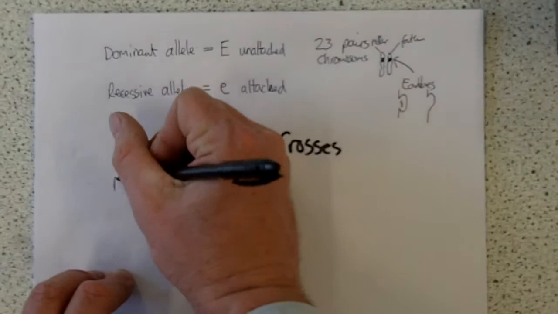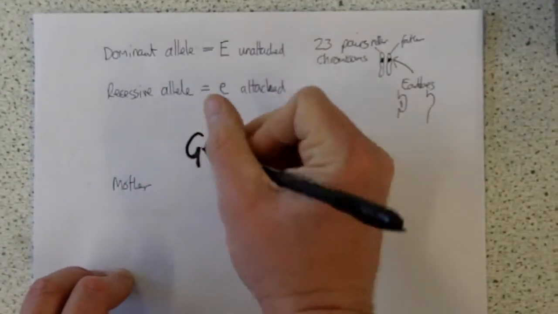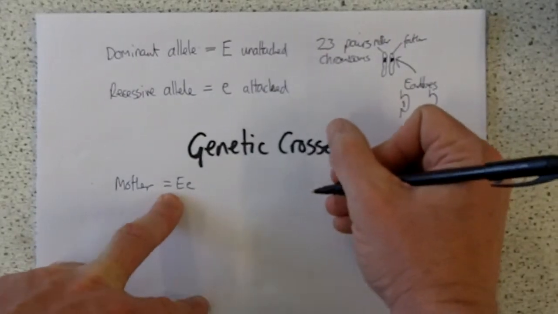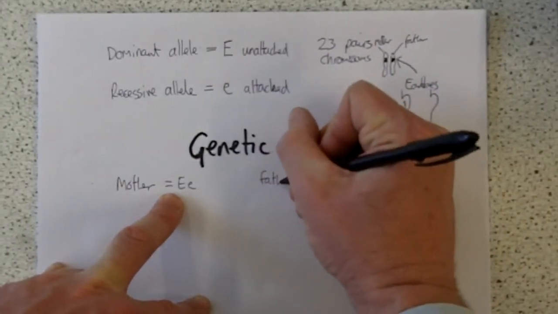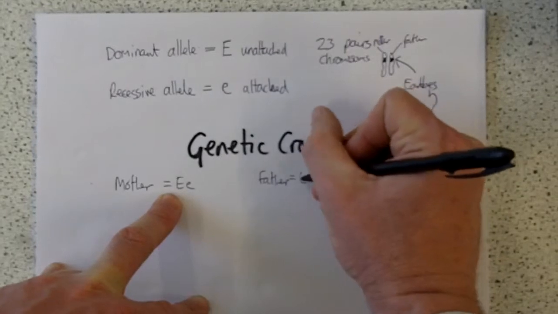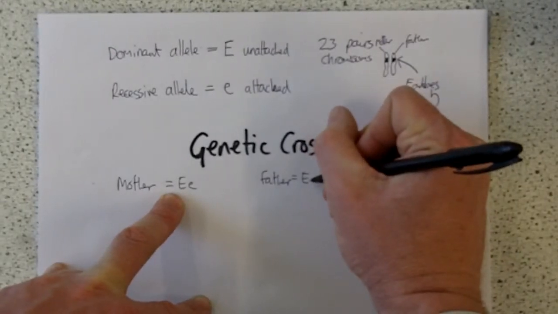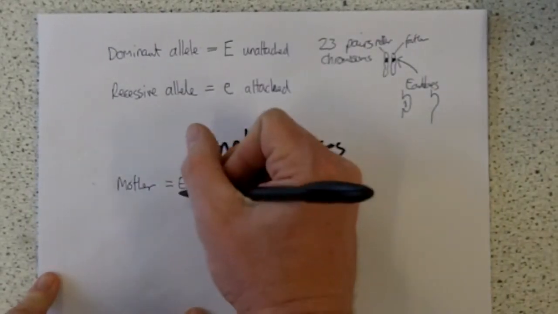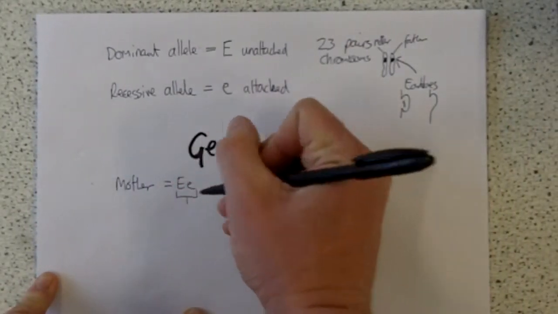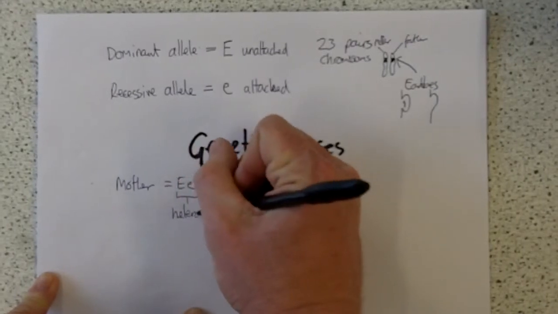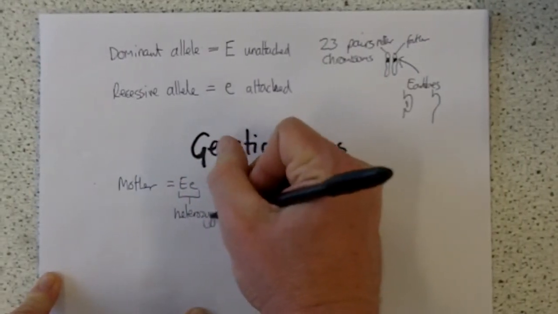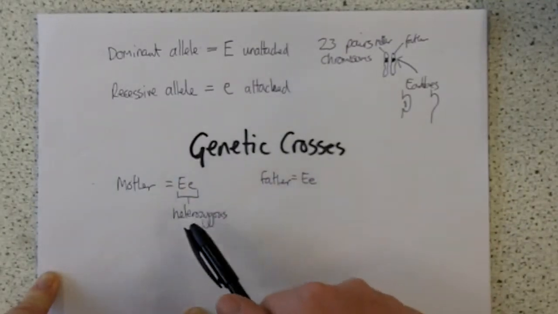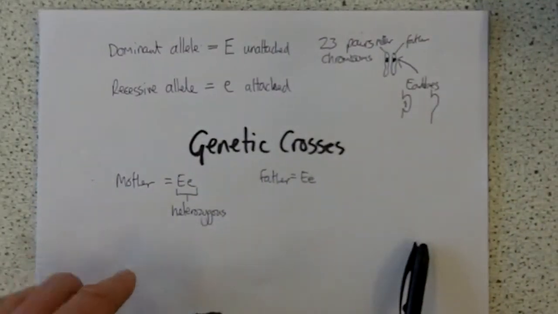In this case, the mother has got these two, remember there's always a pair, and the father has got the same. When the alleles are different, we call that heterozygous. So when the alleles are different, one dominant, one recessive, then we say they're heterozygous.